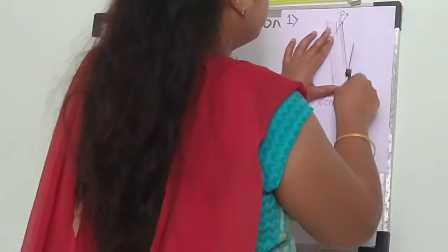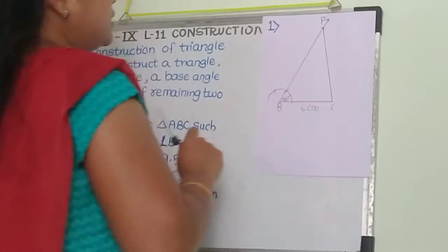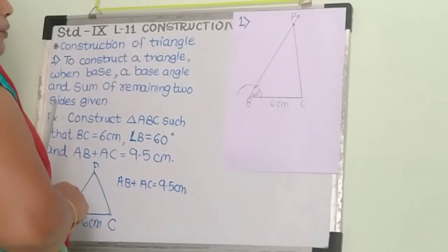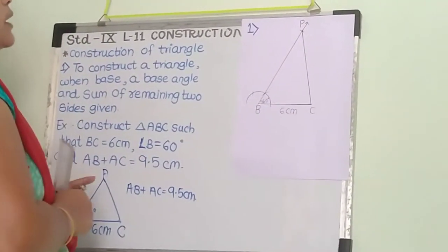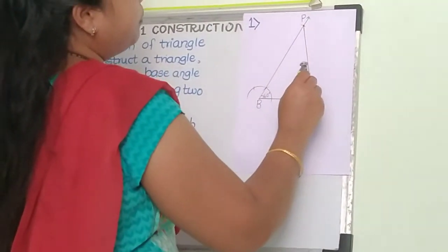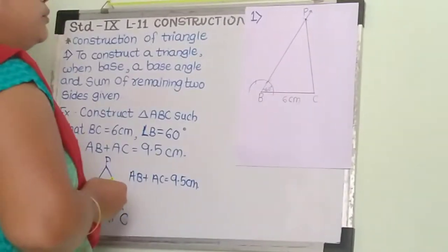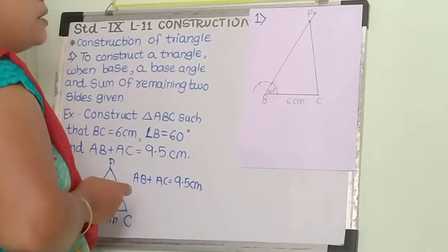We join point P and C. After that, we get the figure of a triangle. But now we have to draw the perpendicular bisector of PC.